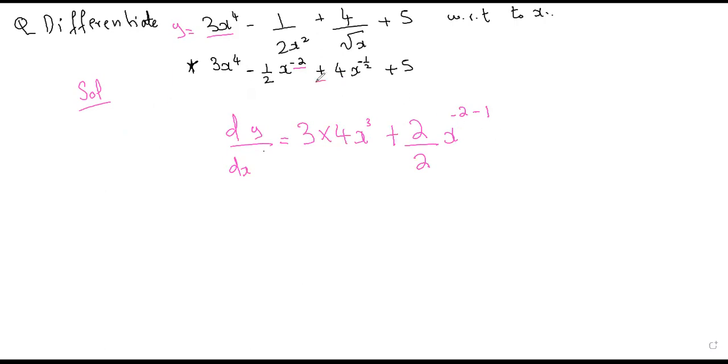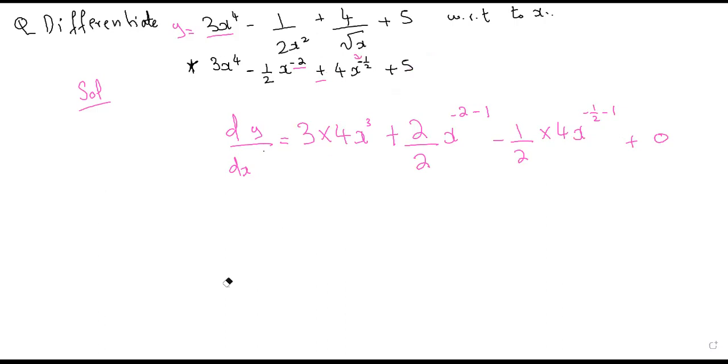Okay, now plus into minus 1 by 2 would become minus 1 by 2 multiplied by 4 x to the power minus 1 by 2 minus 1, plus this is a constant, so the derivative would become 0.